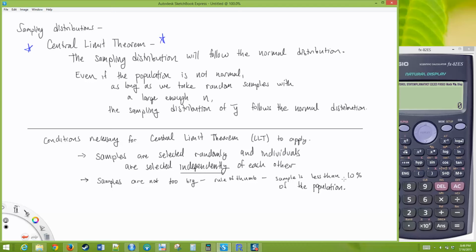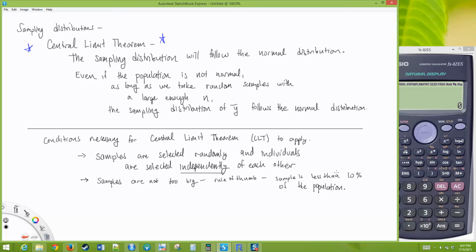And the reason being, or unless you're taking samples with replacement, then your samples can be as big as you want. But the idea being, if you have a deck of cards, in the beginning, 26 are red and 26 are black, okay? And when you draw one card out, let's say it's a red card, then what's remaining is you got 25 red cards and 26 black cards. And the difference that pulling one card makes is not a huge deal.